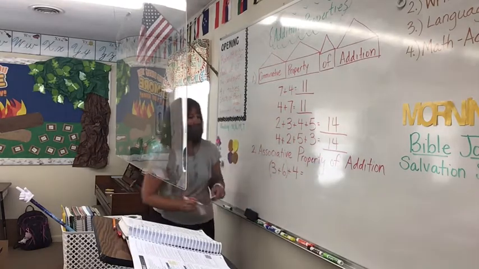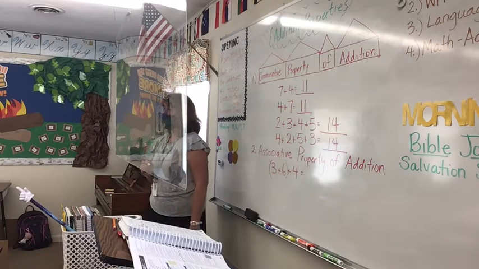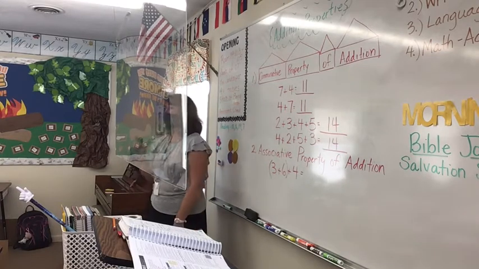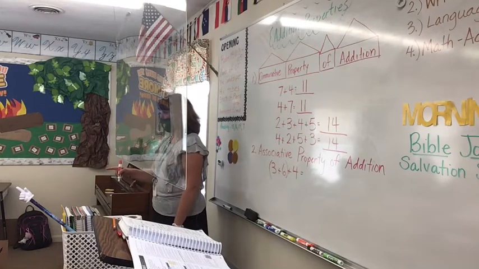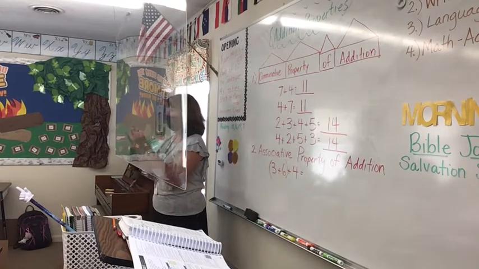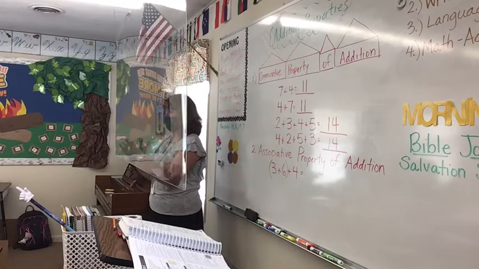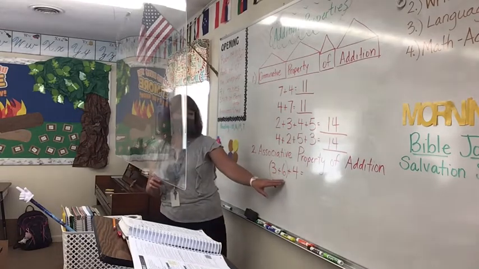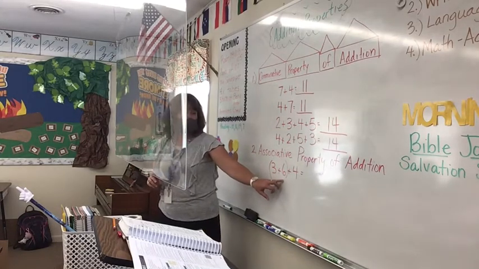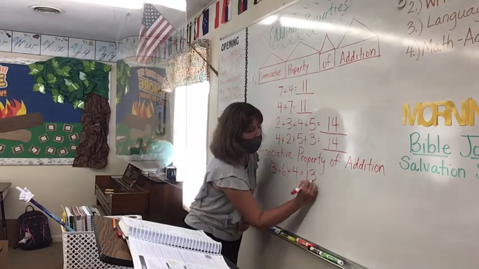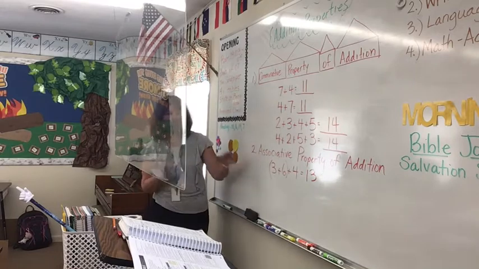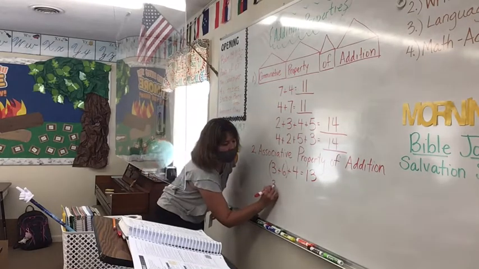So let's say 3 and 6 are friends. The parentheses mean to add those numbers first. You always add what's in the parentheses first. So what is 3 plus 6? 9. And what's 9 plus 4? 13.